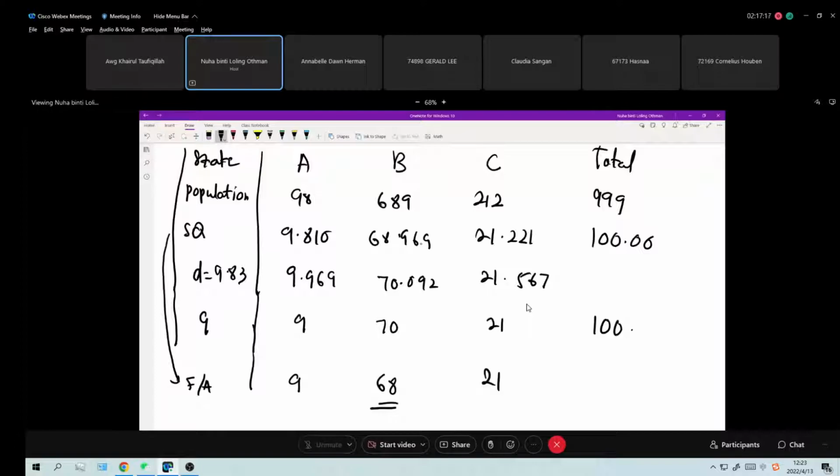Using the Jefferson method, department B receives 70 seats, meaning more than its upper quota.